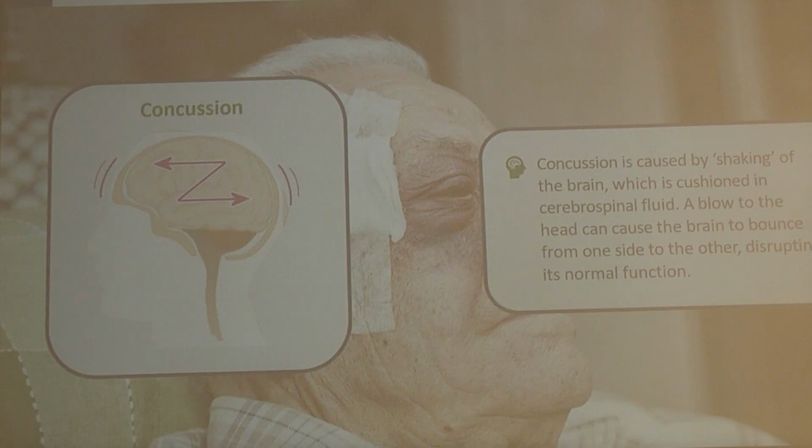That can cause it to not function normally. You know how we ask, when someone's had a knock to the head, whether they've had a period of loss of consciousness? It might be that the brain has been switched off and rebooted and they're now awake, but that's quite a significant injury. It's caused by that shaking motion.